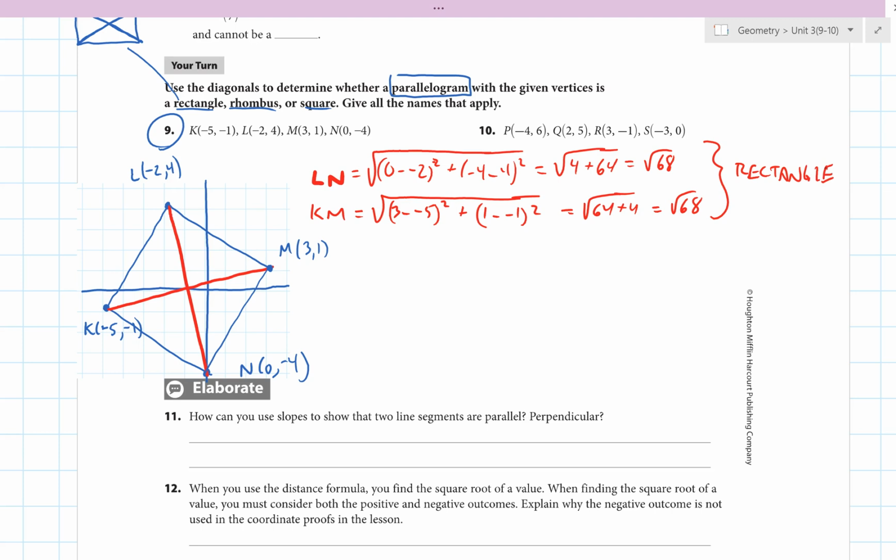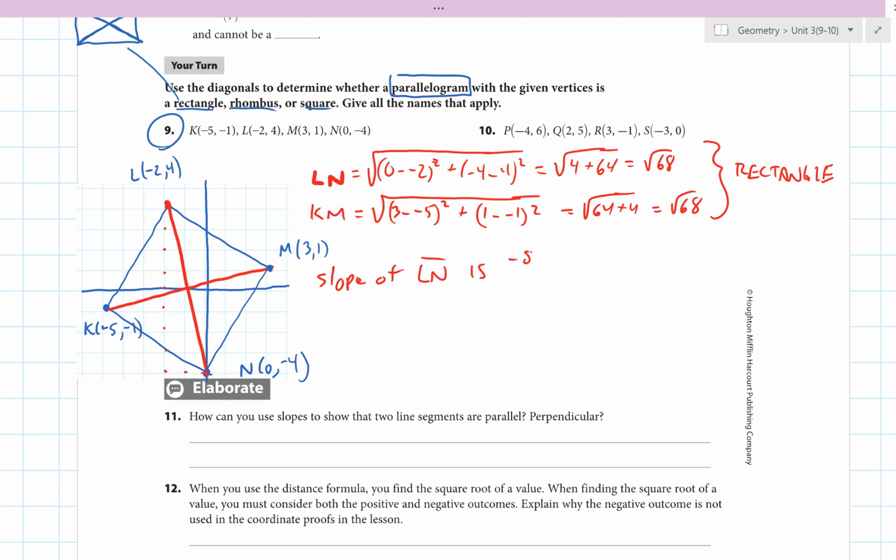Okay, now we're going to check and see if it's a rhombus as well by looking at the slopes. So the slope of LN, if we start at point L, we're going to go down 1, 2, 3, 4, 5, 6, 7, 8, and over 2.